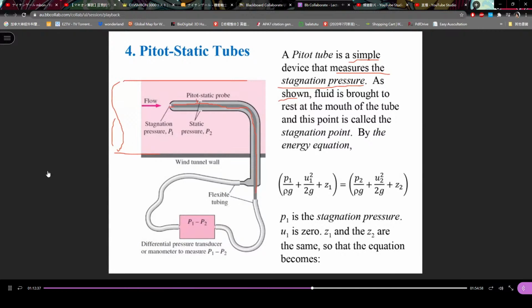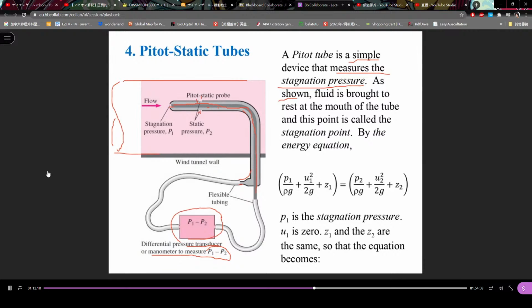Here is open. So a shell, the two parts are not connected. The double shell. A shell connects to the other end of the U-tube, a pressure difference measurement. We call it a differential pressure transducer, to measure the pressure difference at the U-tube.